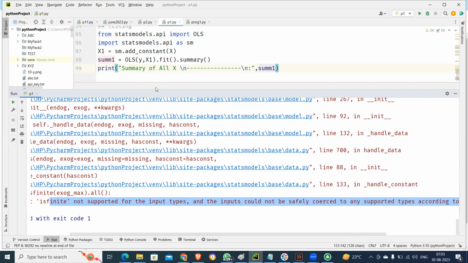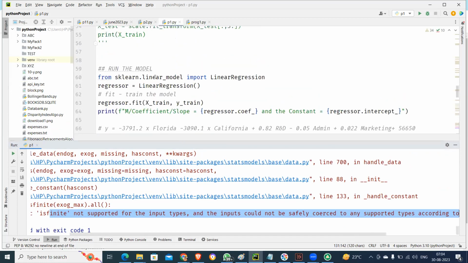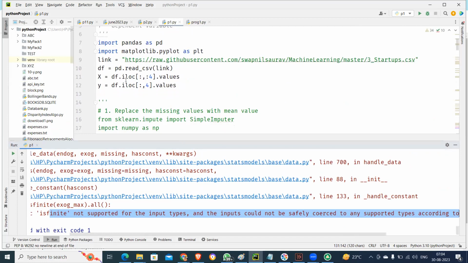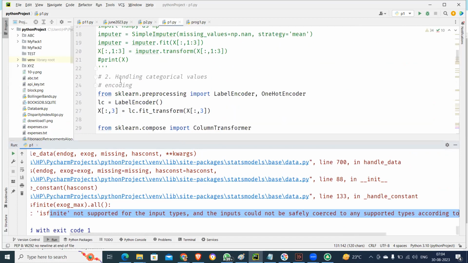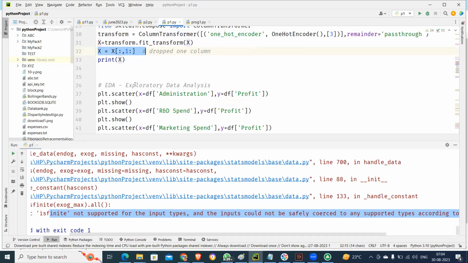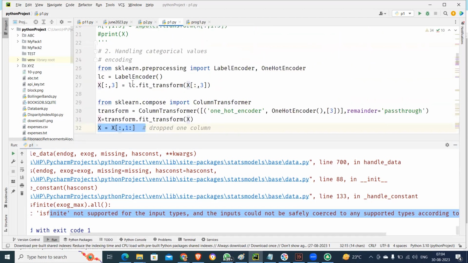I think we need to make some change here. Show me the x value. The problem could be with x or x1, right? Sorry, y or y1. So what is y for us? Y is this. Now x is this, right? Yes, correct. So this is the final x, and what is the final y?